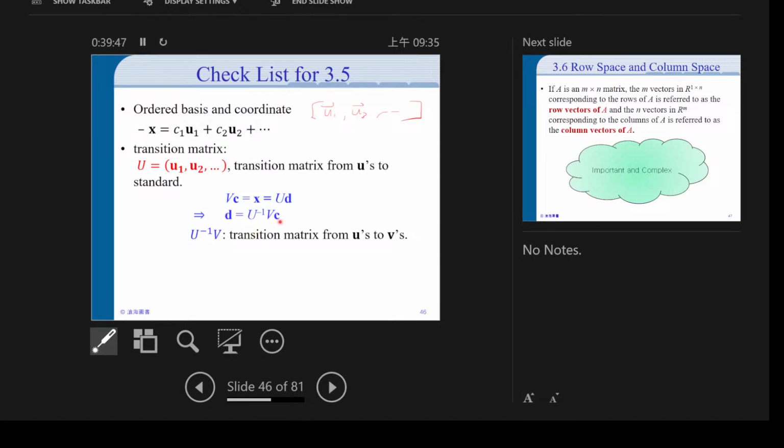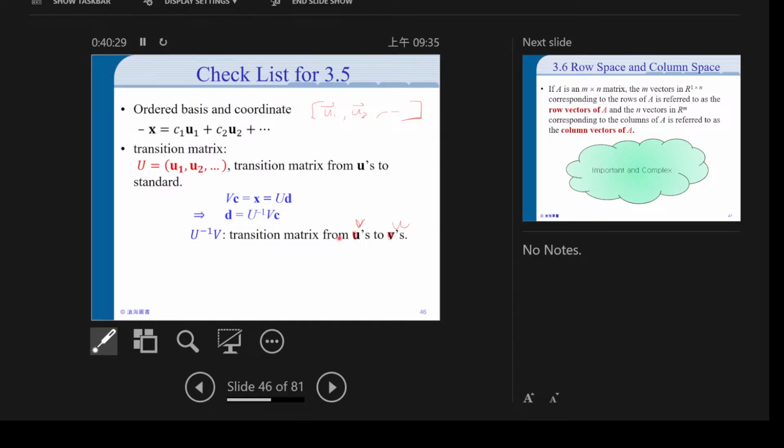And the transition matrix from, let's see, did I get this mixed up? I think it's a transition matrix from V to U. Sorry, it's still a bit easy to confuse. So this should be from V to U. You have C being the coordinate for V and D being the coordinate for U. And then this U minus 1 V will be the transition from the V coordinate to the U coordinate.